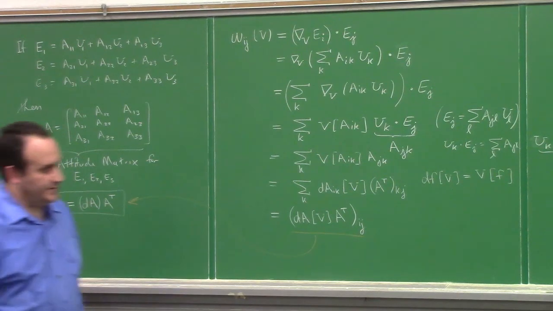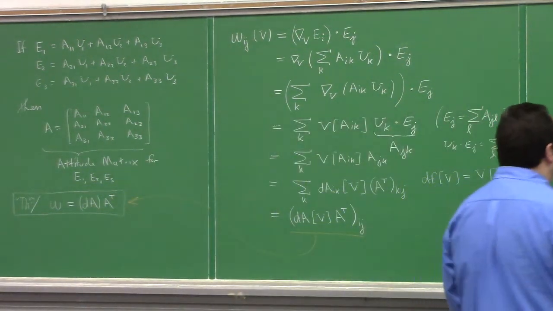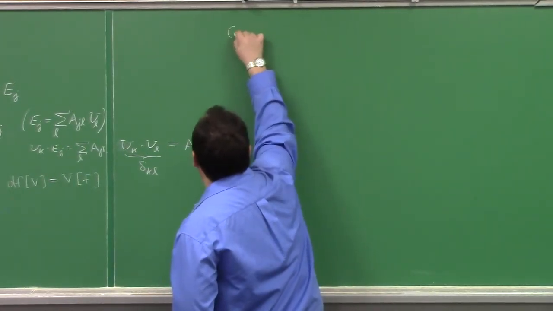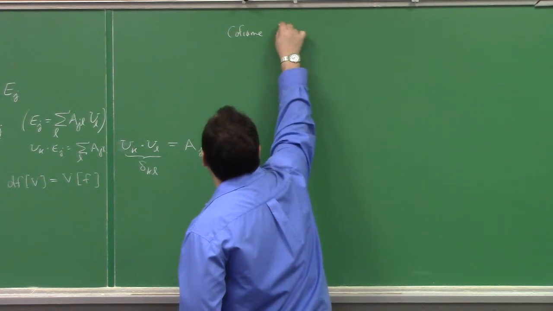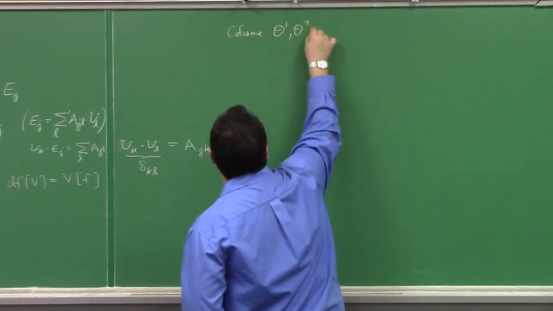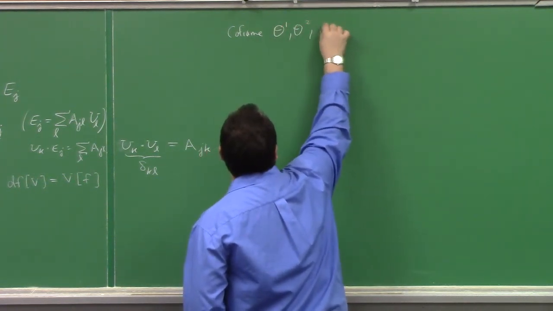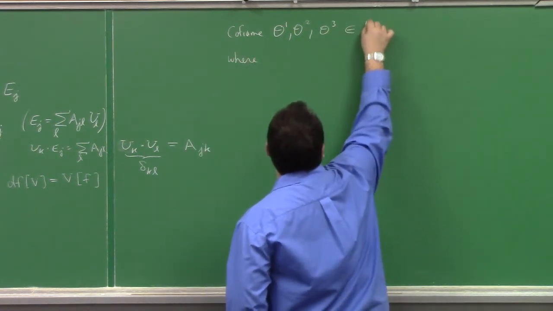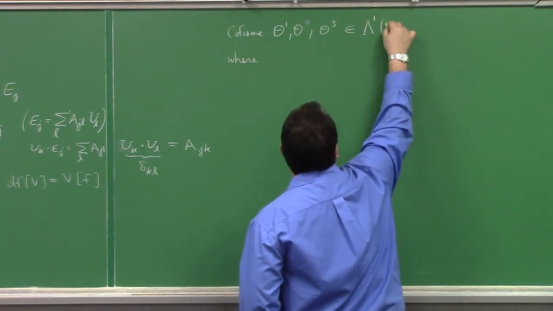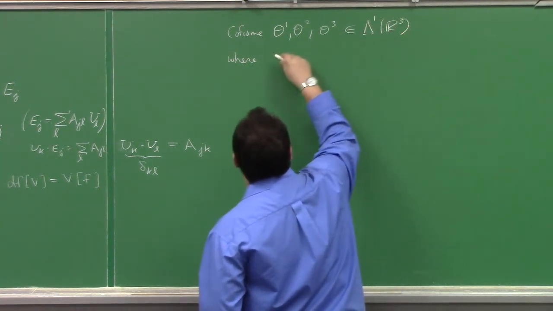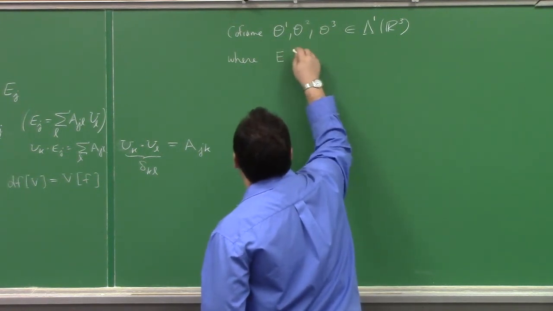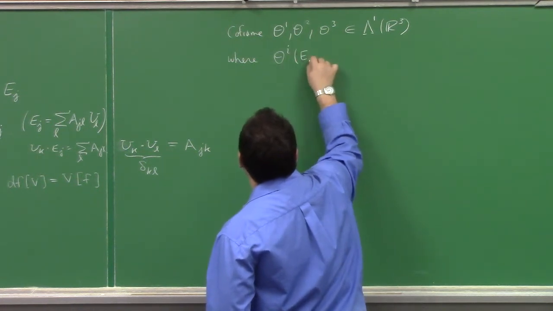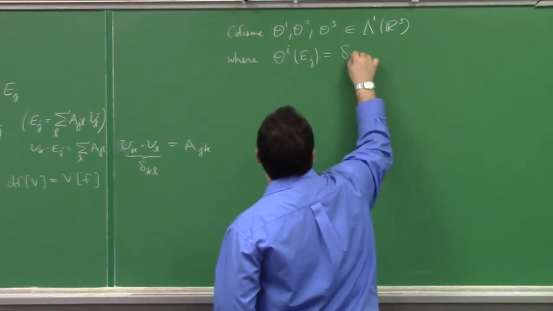Now, the next chapter in that story was that we could talk about a coframe, theta 1, theta 2, theta 3. These are elements of the one forms on R3, and they're dual to the frame in the sense that theta^i of e_j is the Kronecker delta ij.